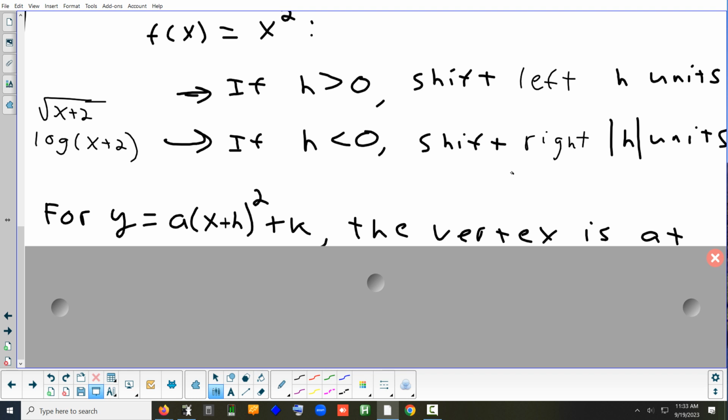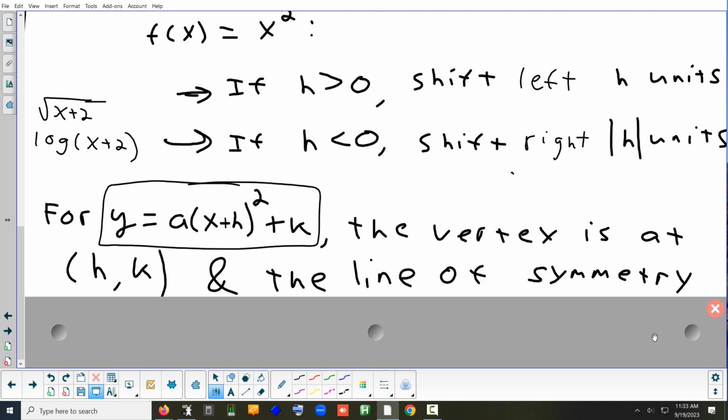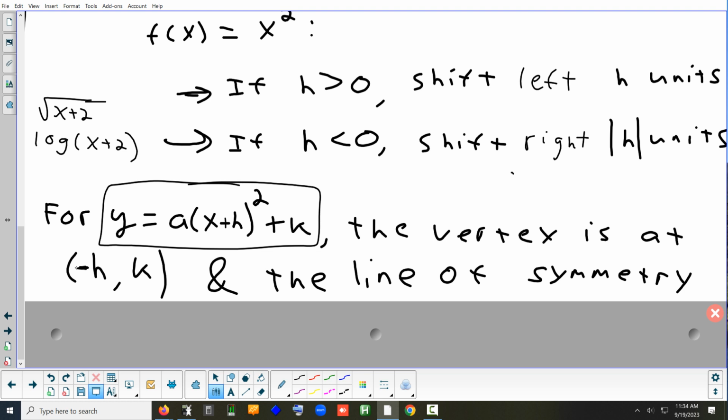So if you have a problem written as (x plus h) squared plus k, the vertex is going to be at the opposite of h. Why is it the opposite? Because it's the opposite when you move left and right. So the vertex would be the opposite of h, comma, and then whatever amount you shifted up or down. You do not do the opposite when you shift up or down.